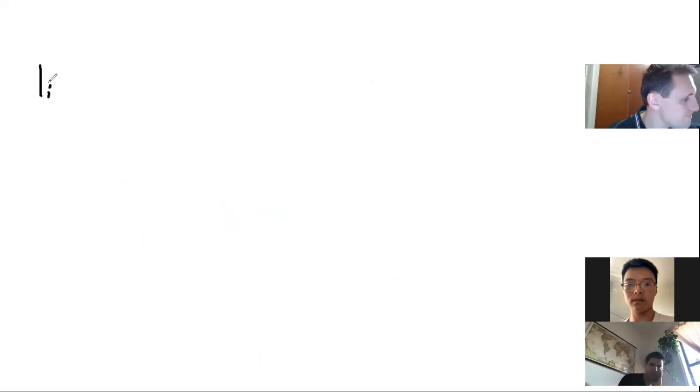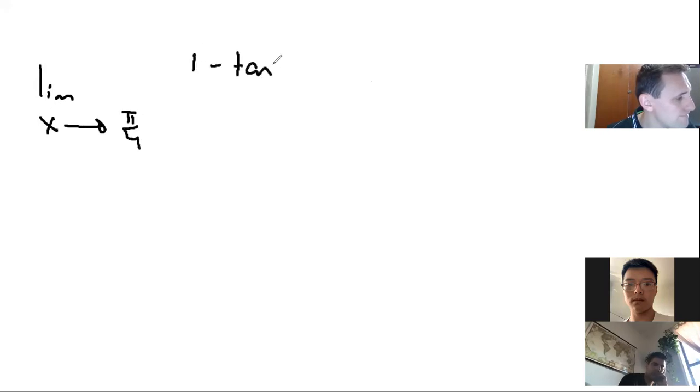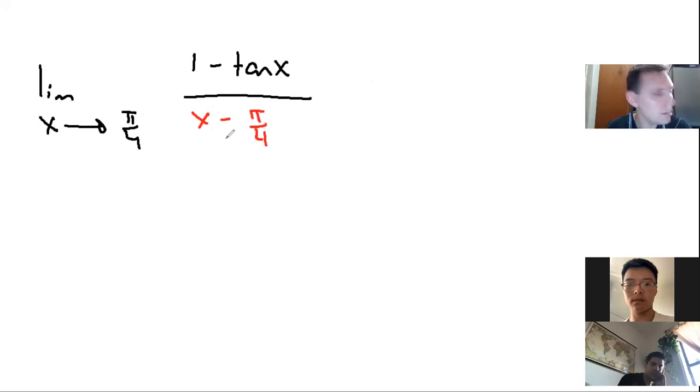Limit as x goes to pi over 4. I have here 1 minus tangent x divided by x minus pi over 4, times, here I have x minus pi over 4 divided by sine x minus cosine x.